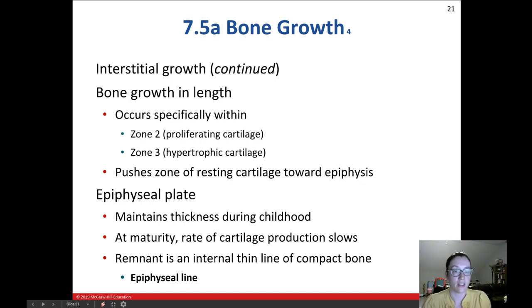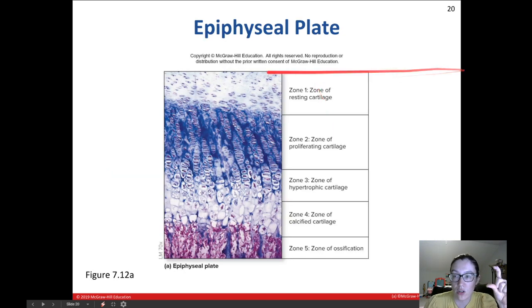The epiphyseal plates are going to maintain their width and their thickness all throughout childhood. They're going to stay just about as thick as they were all throughout childhood. We're going to have the same rate: just as fast as the cartilage is made, that same amount of cartilage is then ossified. So if we make an inch of new cartilage every month, an inch of that is ossified, and so on.